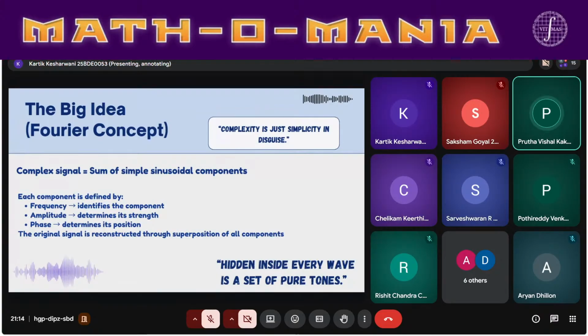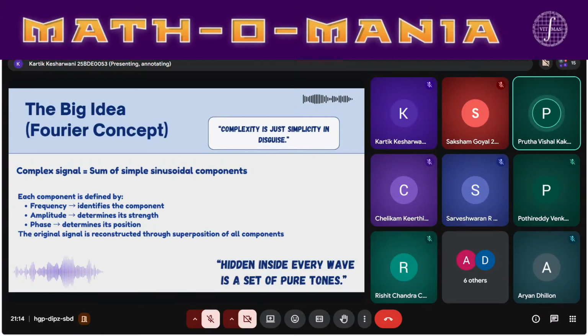Now, you might ask, why do we go through all this effort? Why not just work with the original signal as it is? The answer is that many problems become much easier when we look at signals in terms of their frequencies. For example, if a signal contains noise, we can remove unwanted frequencies to clean it.